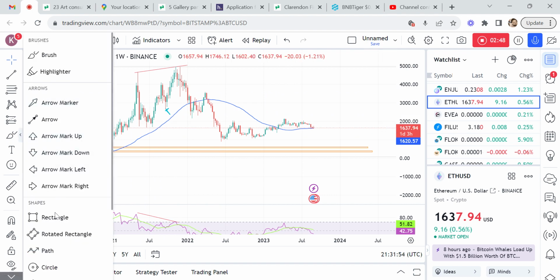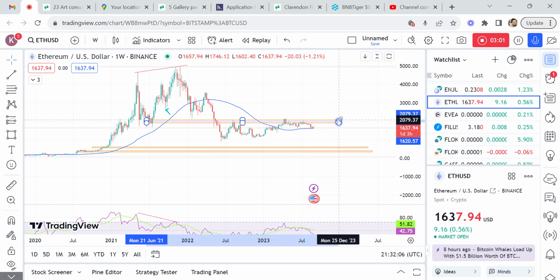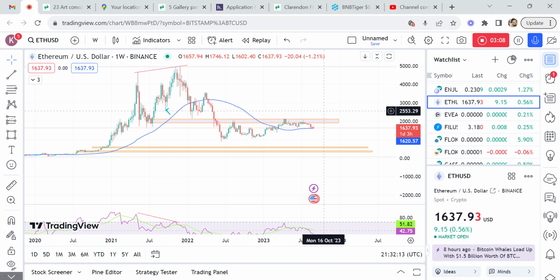Let's try to mark out our, there is an order block here that was supposed to be retested, but the market violated it. The market violated this order block, and now it is retesting the order block as a breaker.